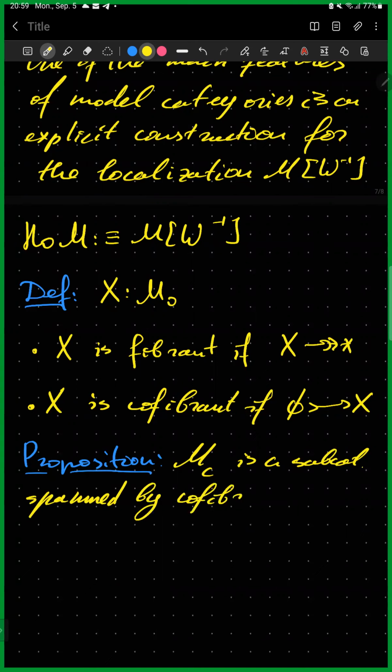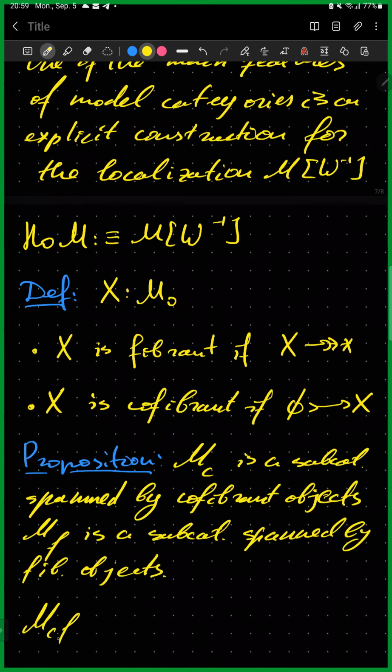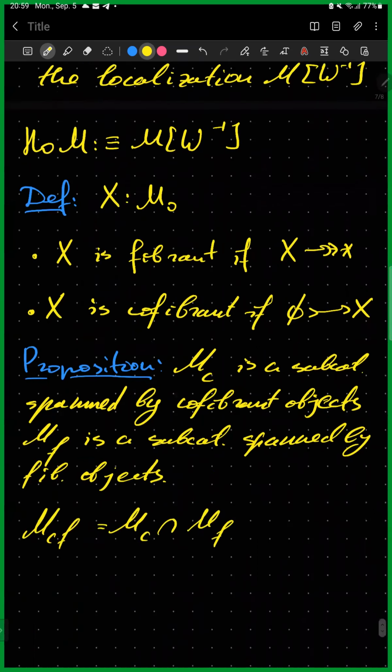And similarly, let M_F be the subcategory spanned by fibrant objects, and denote by M_CF their intersection, so the subcategory spanned by fibrant and cofibrant objects.